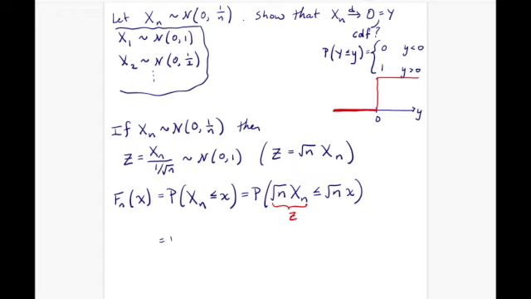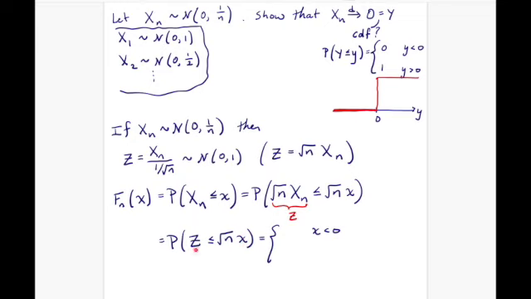So we can write that as the probability that z is less than or equal to the square root of n times x. And I think we have to think about two different cases, because in one case x is positive, and in another case x is negative, and that's going to change things. If x is negative, so x is less than 0, as we send n to infinity, this grows really large and makes the value negative, so it tends to negative infinity.